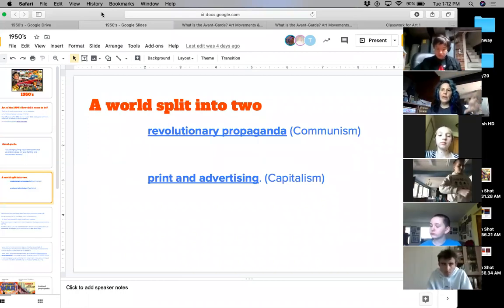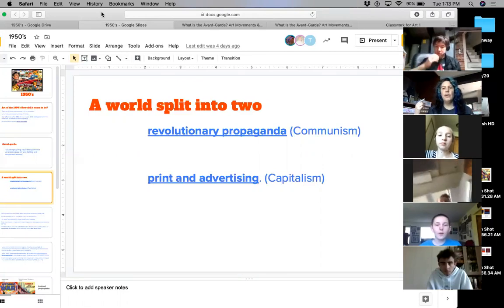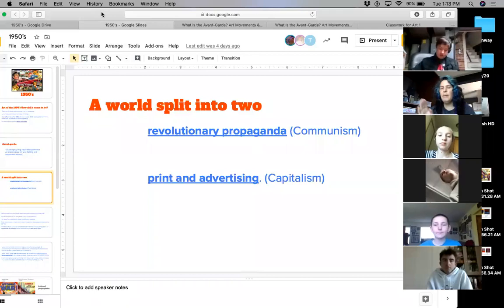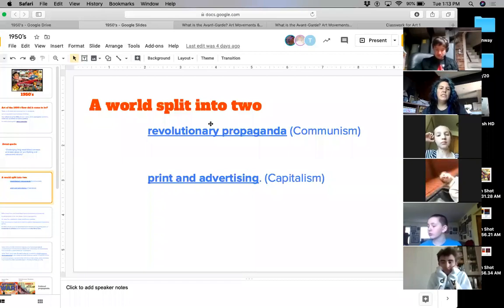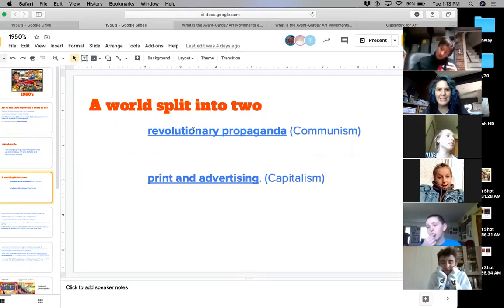We had Russia with communism and everybody that backed communism, and then we had America with capitalism. We were going head to head with Russia all the time, between like our way is better, the space race, everything was this race against Russia at the time. So we got these really interesting propaganda posters and print advertisements that happened at the time.